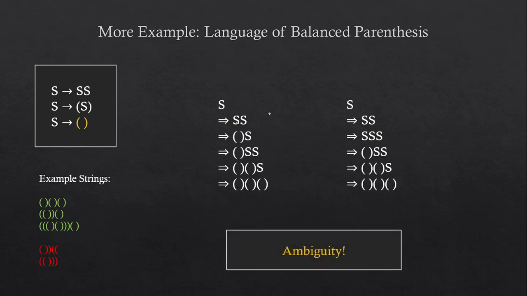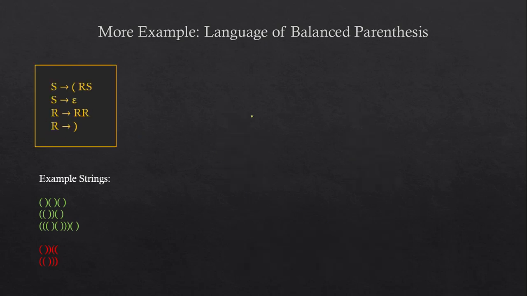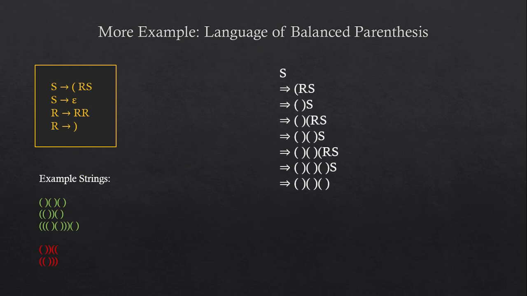So if I change the grammar to this one, which is a little more complex but expresses the same language, and now I want to derive this string, we have only one way.